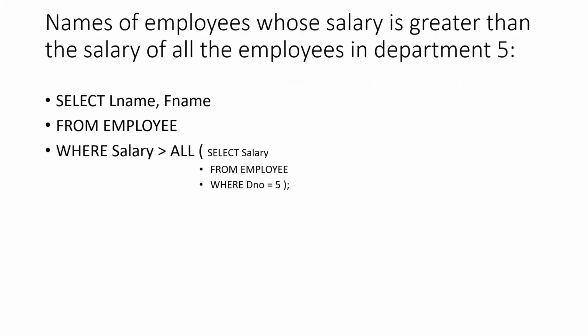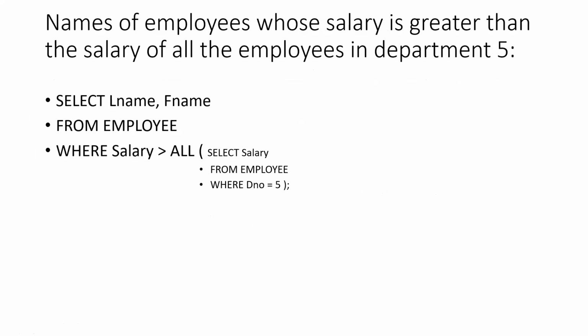Next question: name of the employees whose salary is greater than the salary of all employees in department number 5. In this inner query, we select the salary of all employees who are working in department number 5. Then we use the comparison operator greater than all.